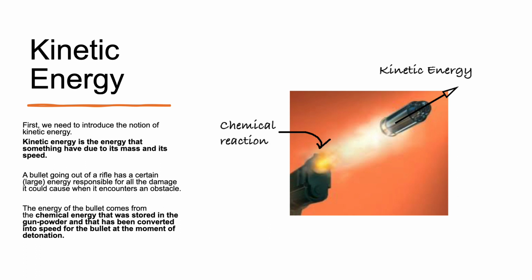The energy of the bullet comes from the chemical energy that was stored in the gunpowder. So energy from chemical is transformed into this kinetic energy that gives it this velocity. The kinetic energy and the velocity have a direct relation.